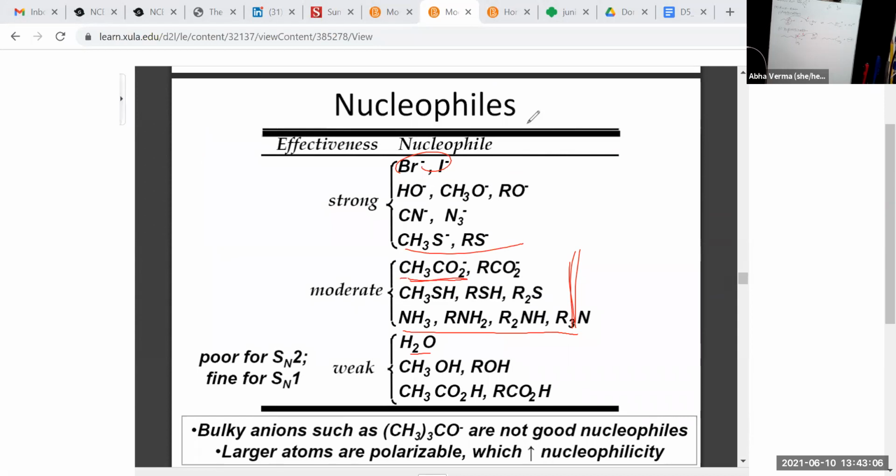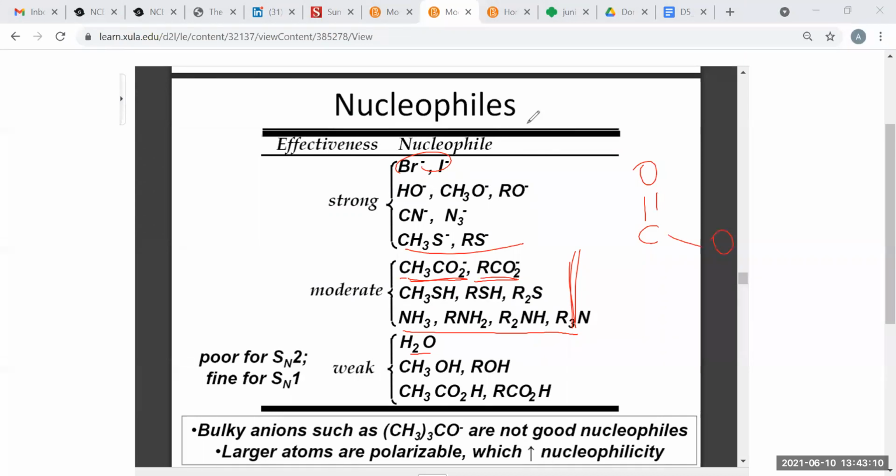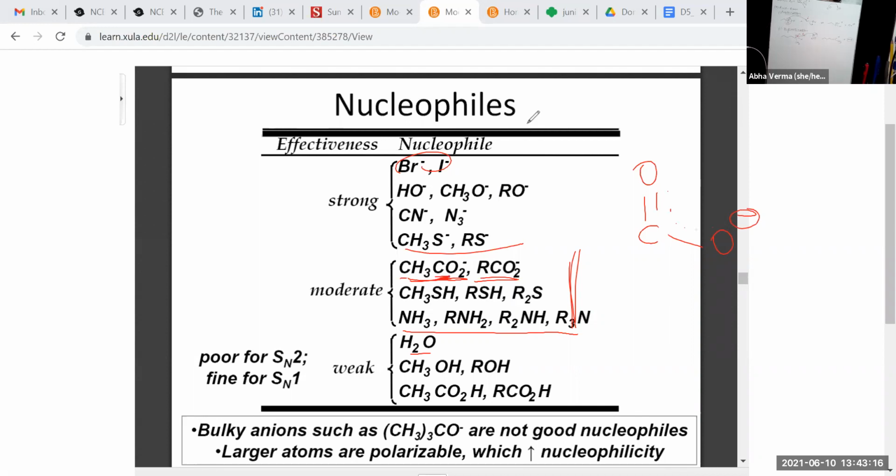But what about this? And what about this? These are resonance stabilized. Their electrons are not available for attack. Why? Their electrons are busy spreading out, making the molecule stable. If something is stable, it is not going to attack that well.